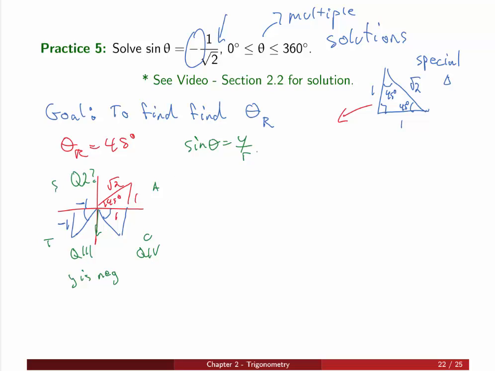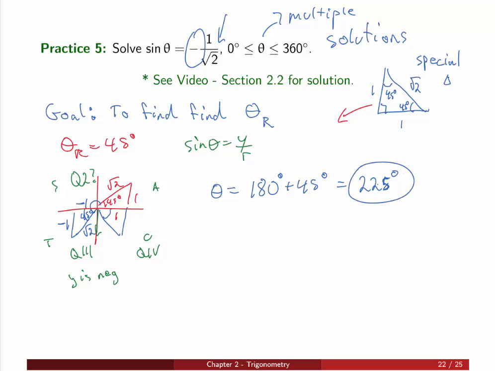You don't really have to care about x. All we really care about is y: -1 for y, root 2. What you really care about is what this angle right here is. That will be one of the solutions. We know the reference angle here is 45. Bit messy, but you know the angle is 45. So it's going to have to be 180 degrees plus 45 degrees, which comes out to be 225 degrees.